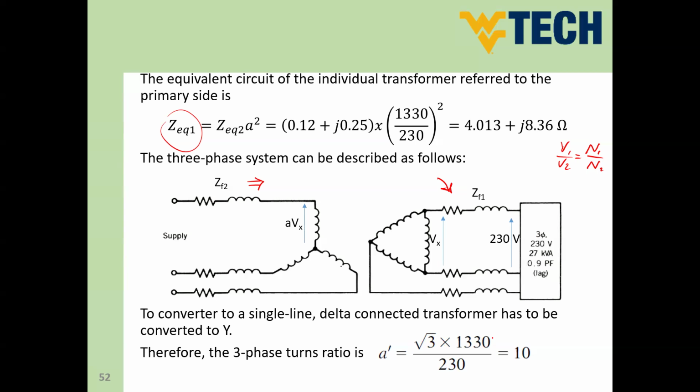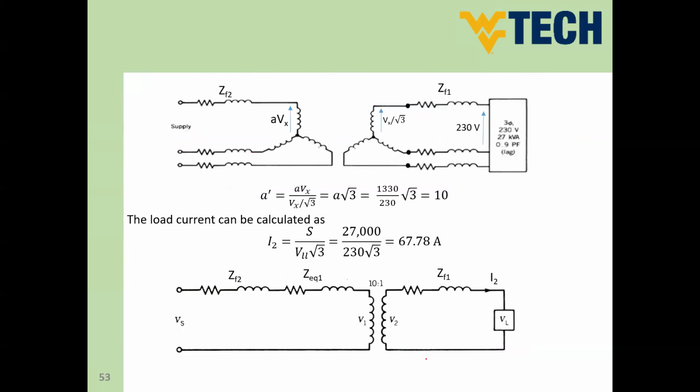So this is going to be the three-phase turns ratio, and we call it A prime. What we can do now is start making our calculation using the three-phase equivalent. So this is the delta or the line volt. Here is our feeder, and this is the equivalent Y connection of our transformer.